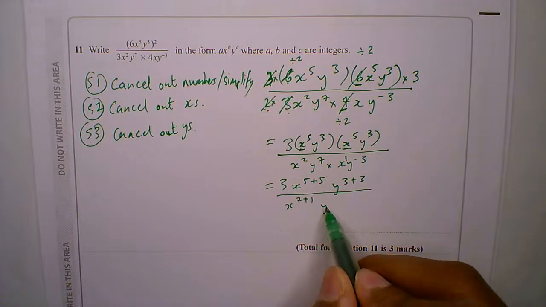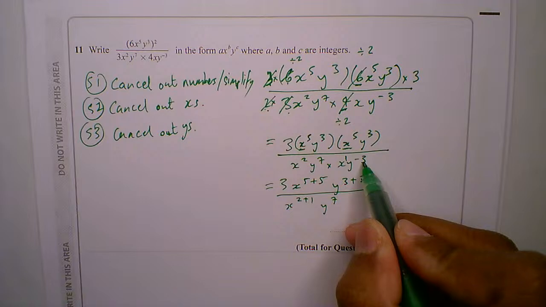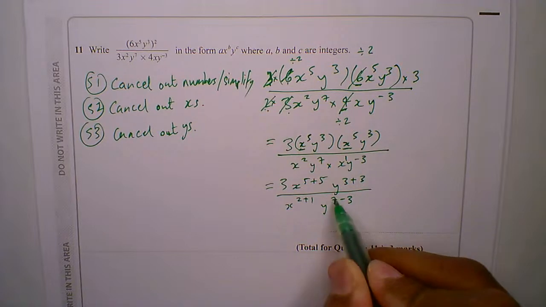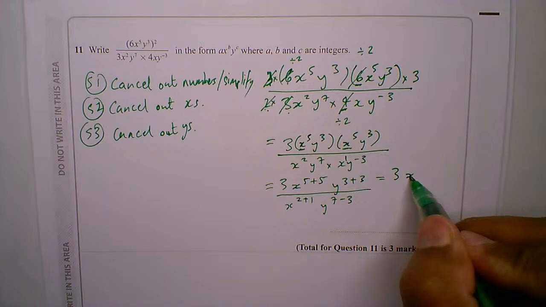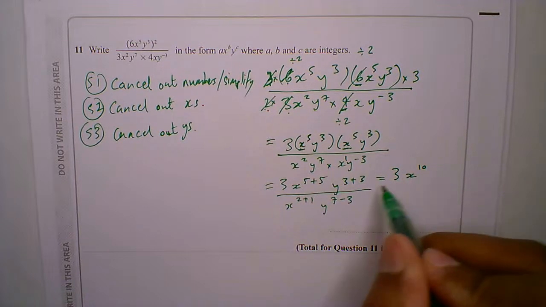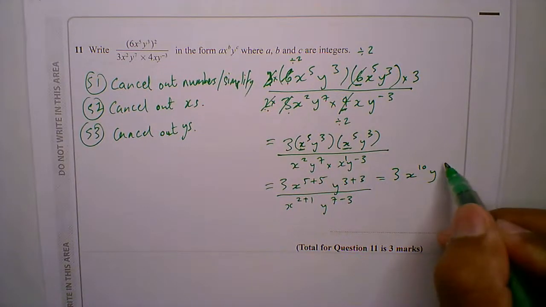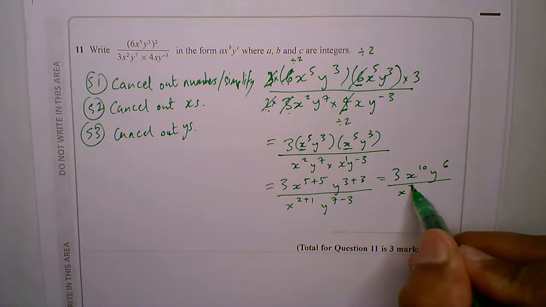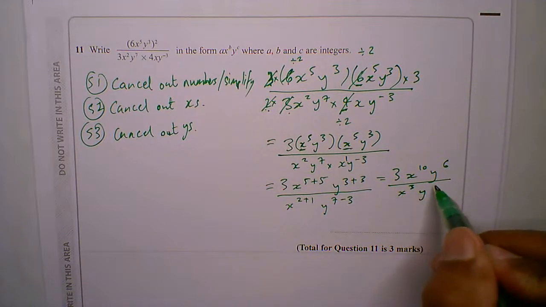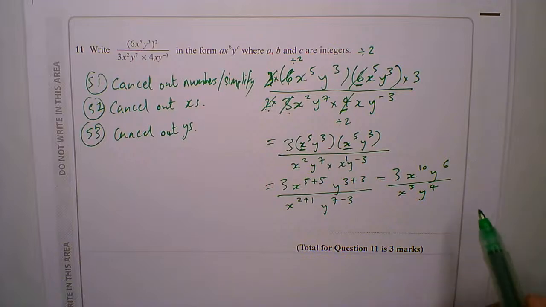And then I've got y to the power 7, take away 3 here. So I can now continue simplifying this. This becomes 3 bracket x to the power 5 plus 5 is 10, y 3 plus 3 is 6, x to the power 2 plus 1 is 3, y 7 take away 3 is 4. So I've got that now.